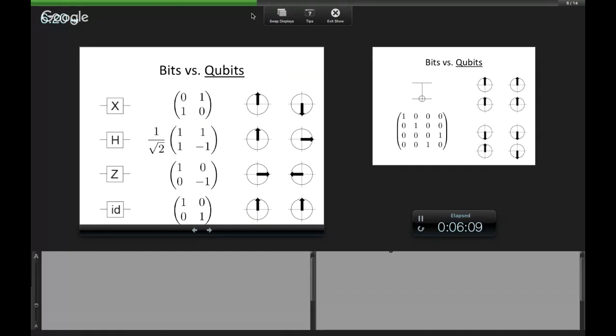We'll also have this gate that's called the Hadamard. That's just named after somebody. And it's represented by H. And that just takes you from a pole to an equator. And we have the Z gate, which you may guess from what I said before, is going to flip you about the Z-axis now instead of the X-axis.